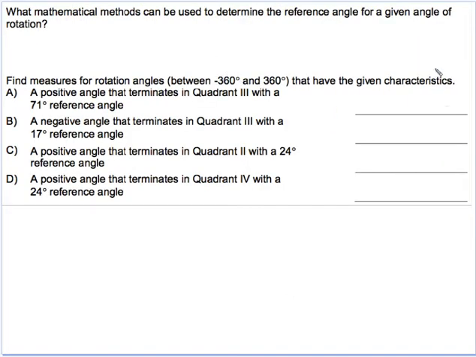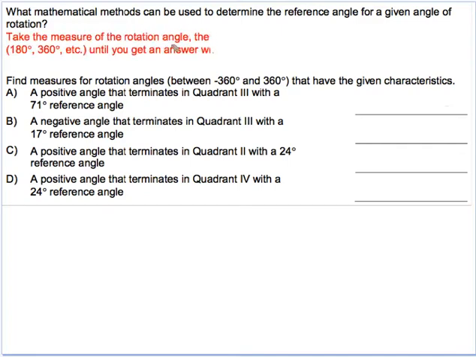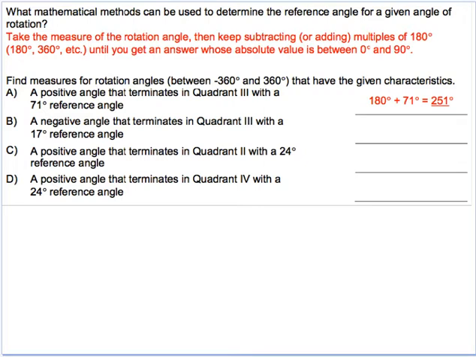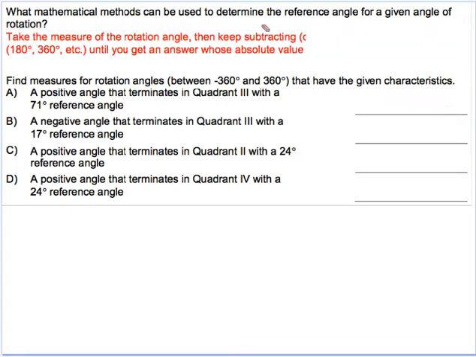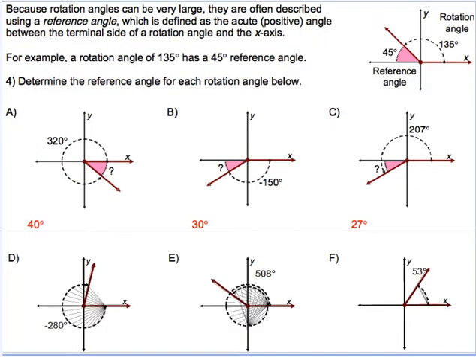All right, so the last thing I want to tell you about in this video is an easy way to find your reference angle when you're given a rotation angle. You're basically going to add or subtract increments of 180 degrees. So if you have a negative, here, let me move back up.